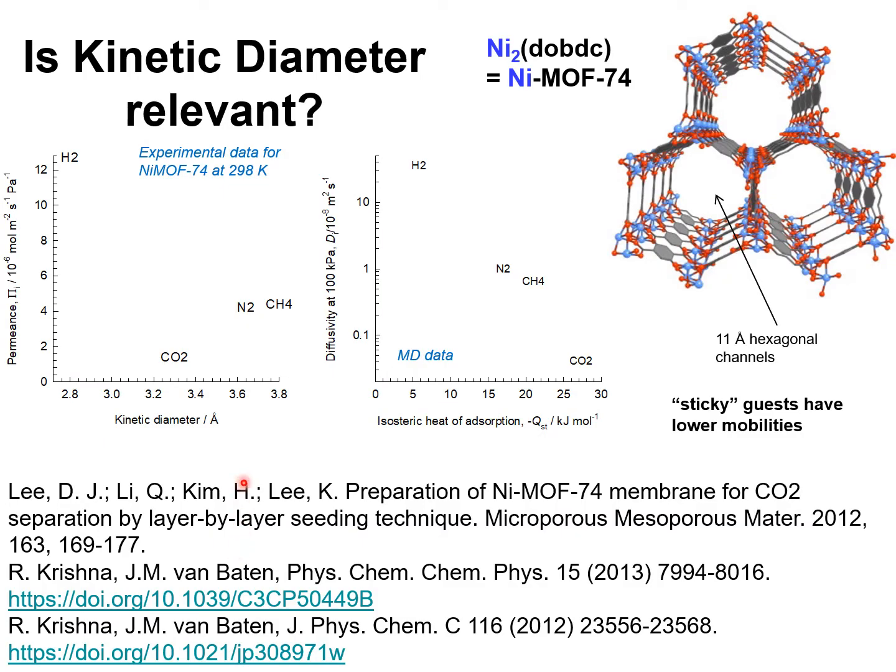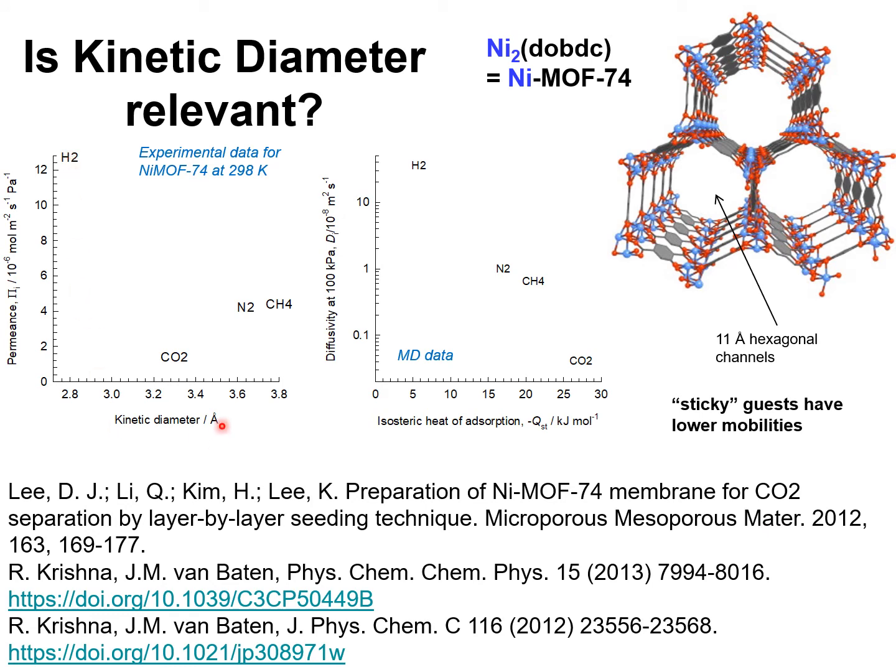Let us begin our discussions on the permeation characteristics of open structures such as nickel MOF 74, MFI, Faujasite, copper BTC. We start by examining the data on component permeances across a nickel MOF 74 membrane as reported by Lee in this paper.